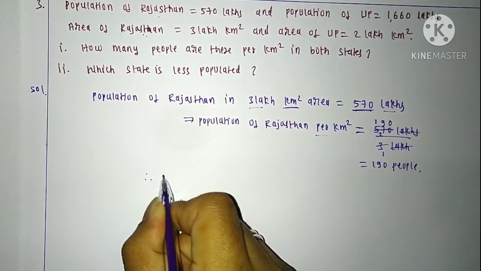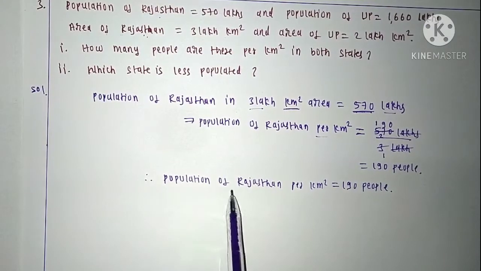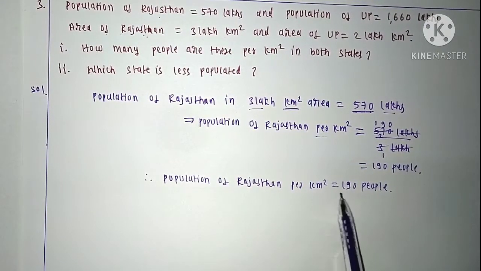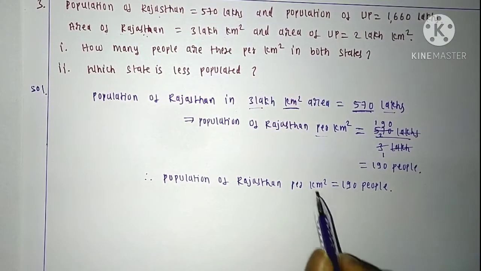It means that 190 people are staying in 1 kilometer square area.